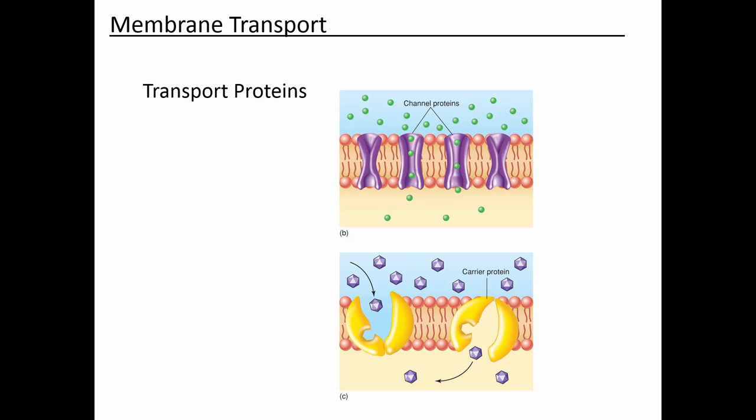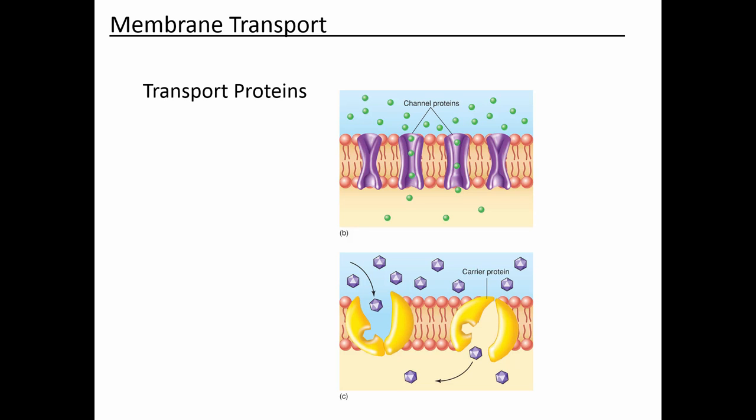Okay, so one thing that they have in common that you should realize is that each type of transport protein, either channels or carriers, are specific for what they transport, or said a different way, they show specificity for what they transport, which means that each of them is only going to transport either one or a couple types of solutes.